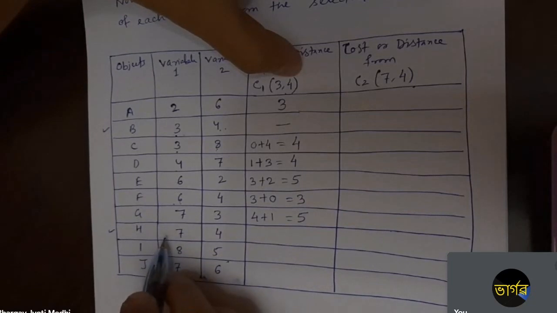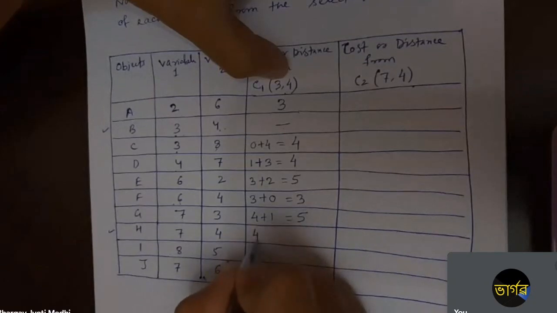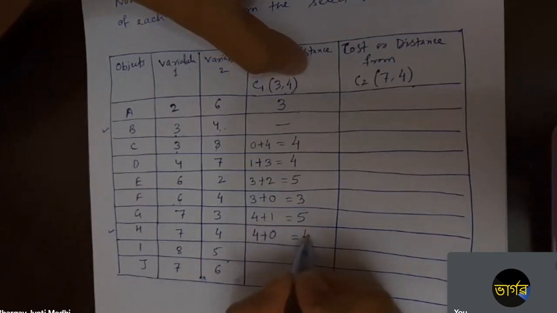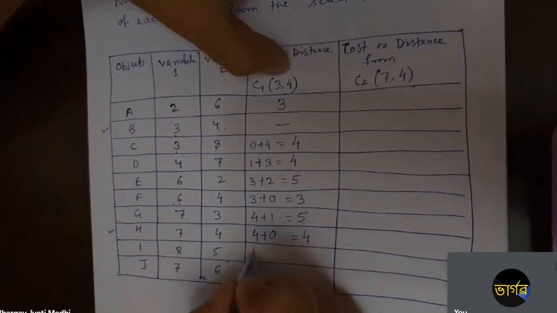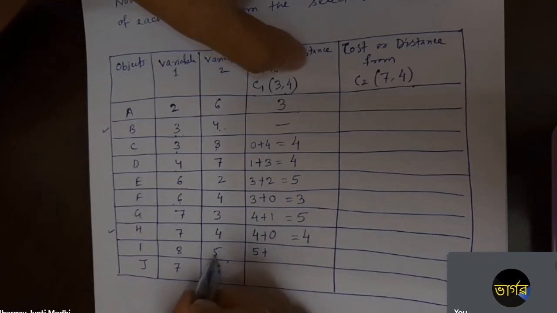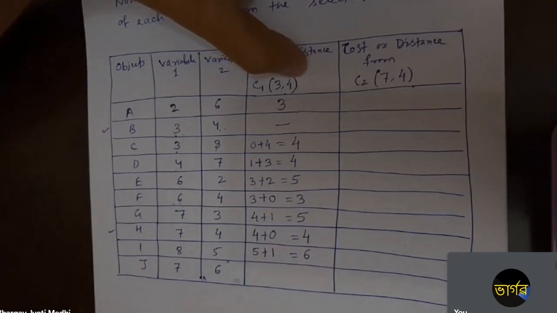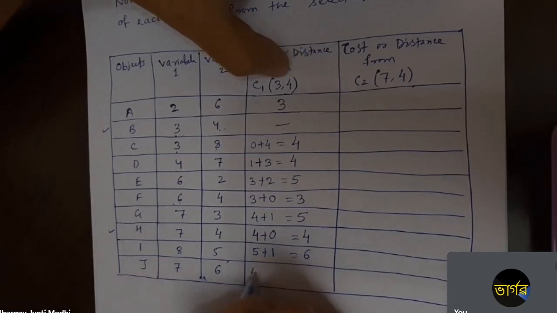Point I, 8 and 3, 5 plus 5 and 4, difference is 1. So it will be 6. Finally, point J, 7 minus 3, 4 plus 6 minus 4 is 2. It is 6. So these are the Manhattan distances between the 2 points.